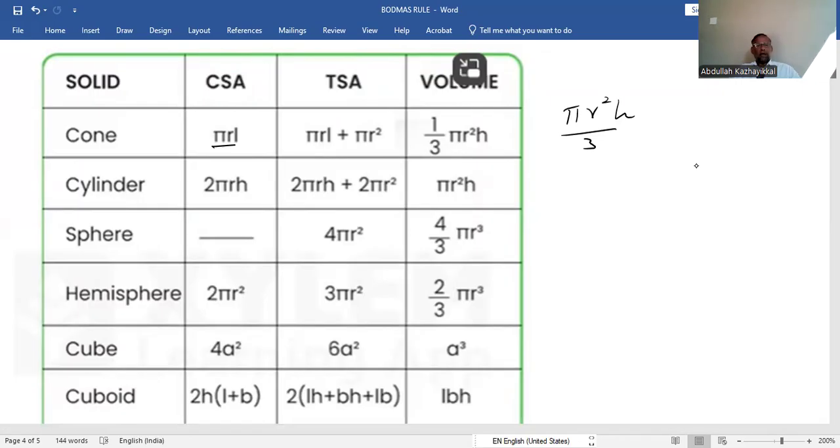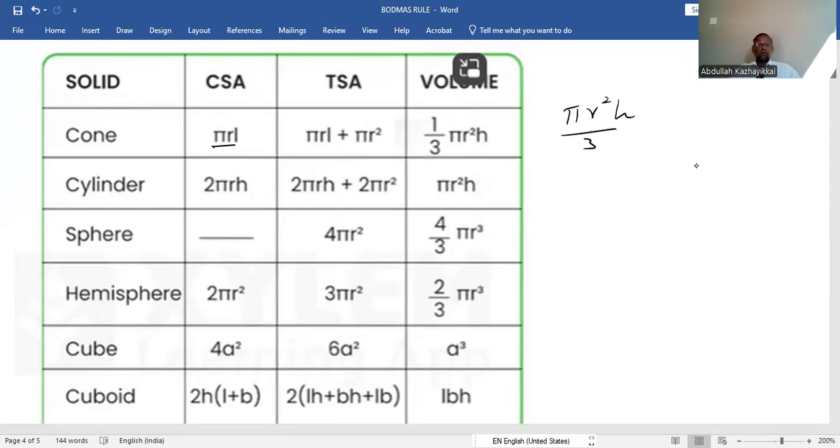Base perimeter and height, 2 pi R into H. Base perimeter into height. Here, total surface area, curved surface area plus 2 pi R square. Then volume pi R square H. Understand? So remember, cylinder CSA, base perimeter into height.